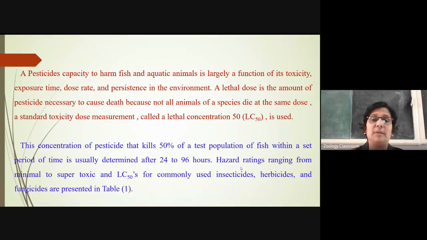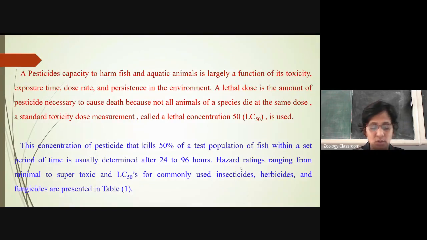Persistence in the environment means how much time it remains in the environment. Then lethal dose, that is the amount of pesticide necessary to cause death. Okay, we know that there is an LC50, LD50 value, the lethal dose or lethal concentration of that particular pesticide.